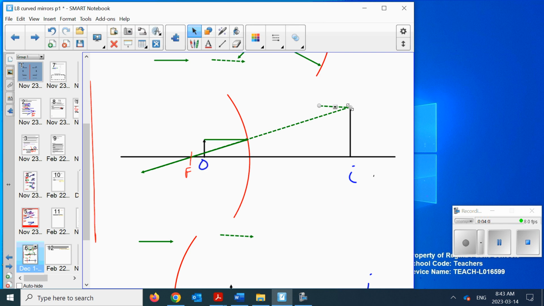I know that it's got to hit the image, but I'm just expanding that.